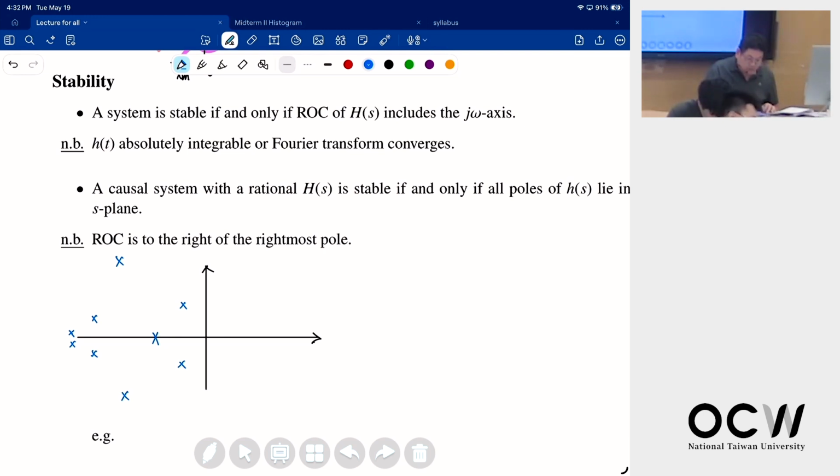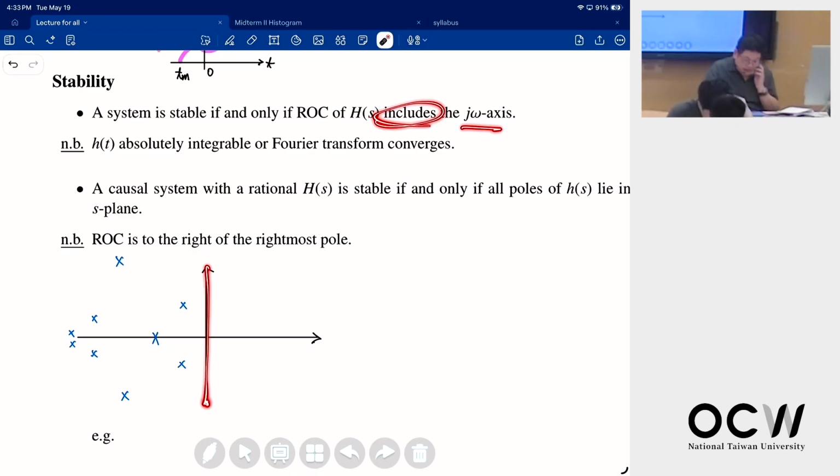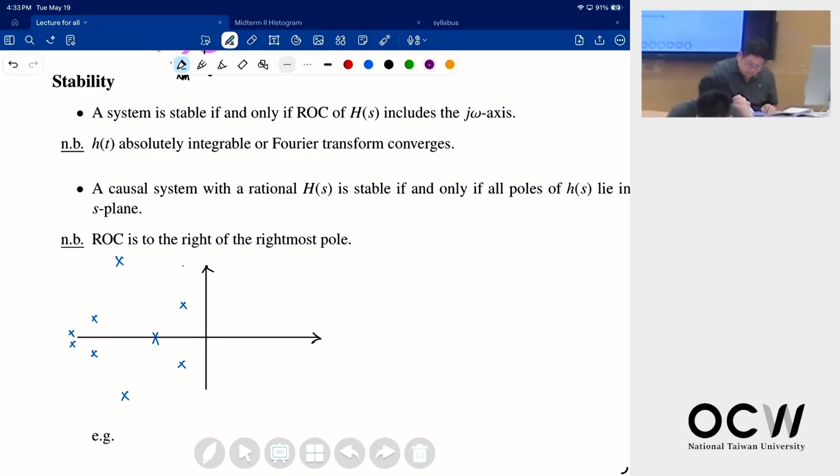Where should I have our region of convergence? First, I need to include the j omega axis. And then the region of convergence is to the right of the rightmost pole. The rightmost pole is here. So here is the region of convergence.